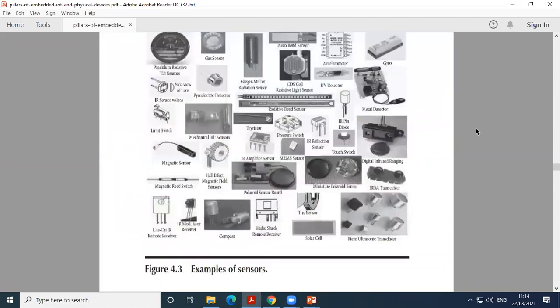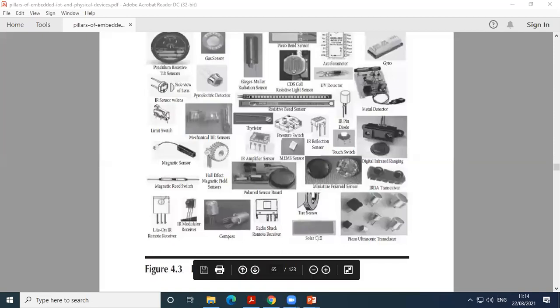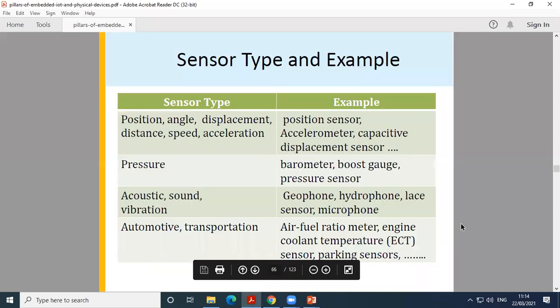Here you can see different kinds of sensors, like temperature sensor, thermal sensor, pressure sensor, IR sensor, limit switch, and gas sensor. All the sensors are categorized based on their types, so we will see these types of sensors with examples.